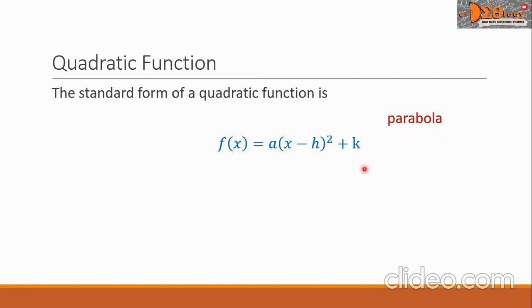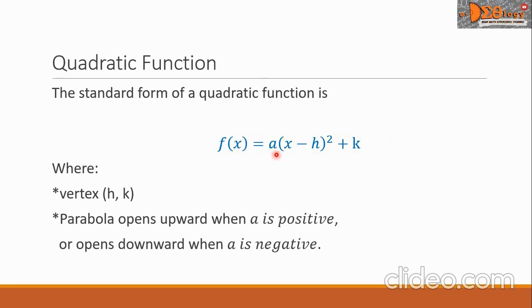In the standard form, we can see the h and the k, and that is exactly the vertex of the parabola. Also, this a gives a very special idea. The parabola opens upward when a is positive, or the parabola opens downward when a is negative.